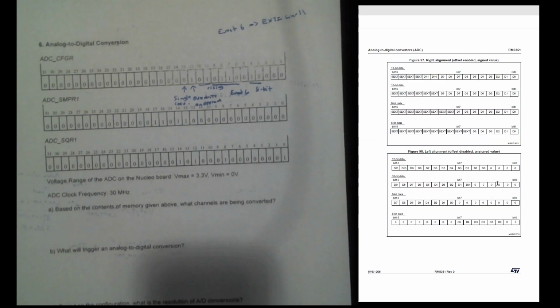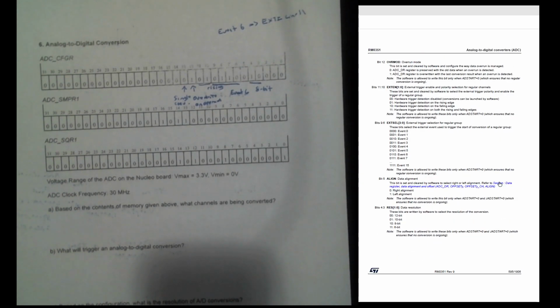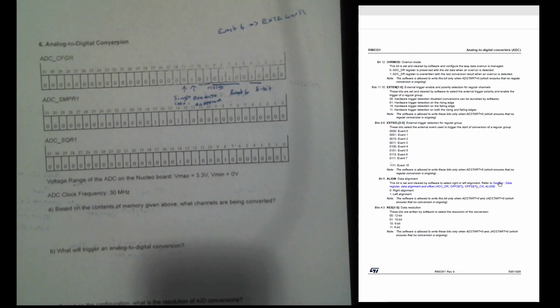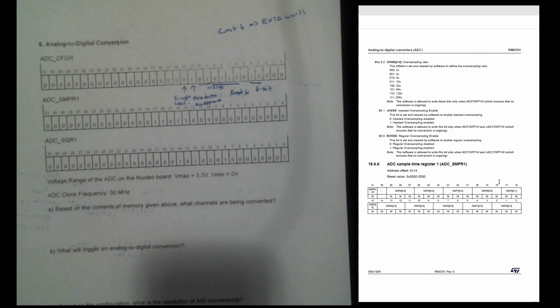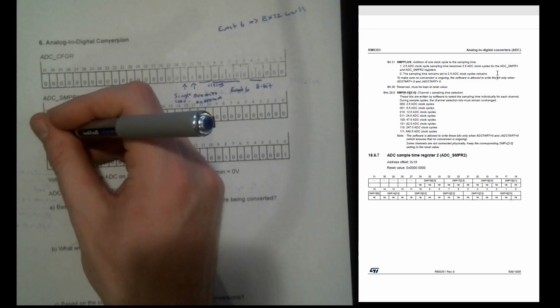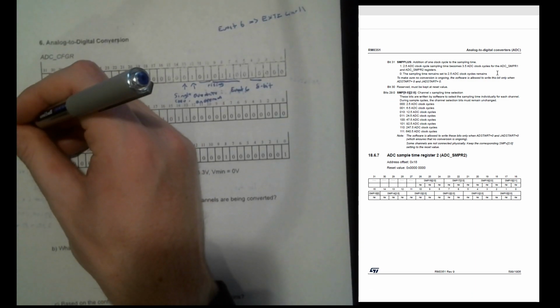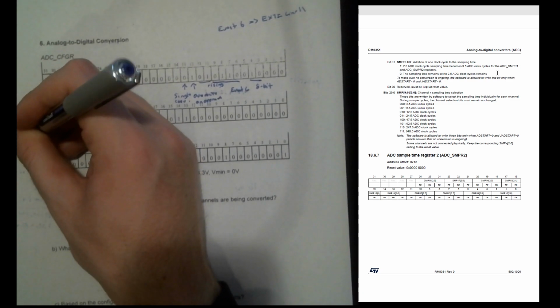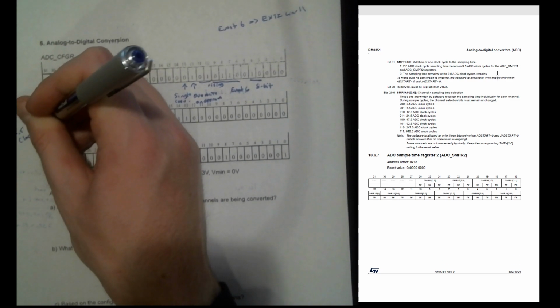So let's go back into our registers and find the next one that we want to look at, and that is ADC SMPR1. Let's find that and see what that looks like. We can see that this is effectively SMP plus bit 0, or if we have a 0 here, that means we're sampling at 2.5 ADC clock cycles.